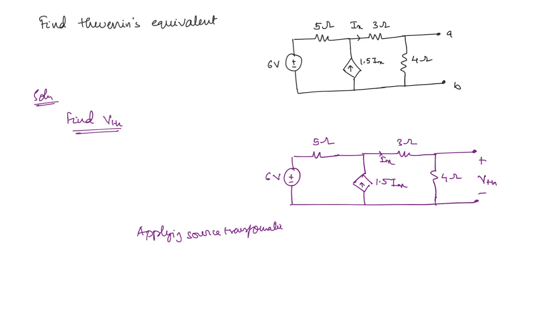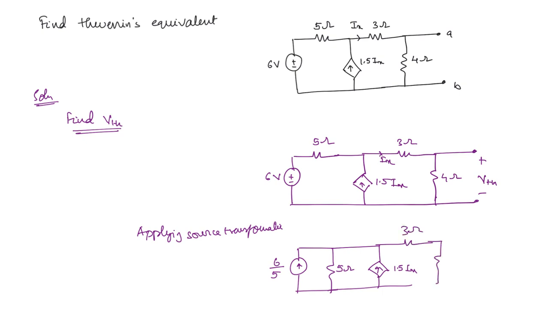Okay, so we are going to get here the current source is going to be 6 by 5, and this is the 5 ohm resistor, and this is the current source 1.5 Ix, and here you have as it is. Okay, so this is VTH.